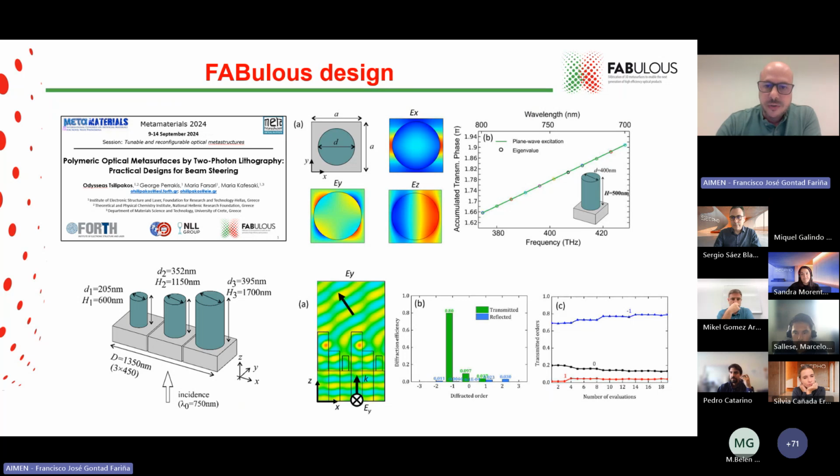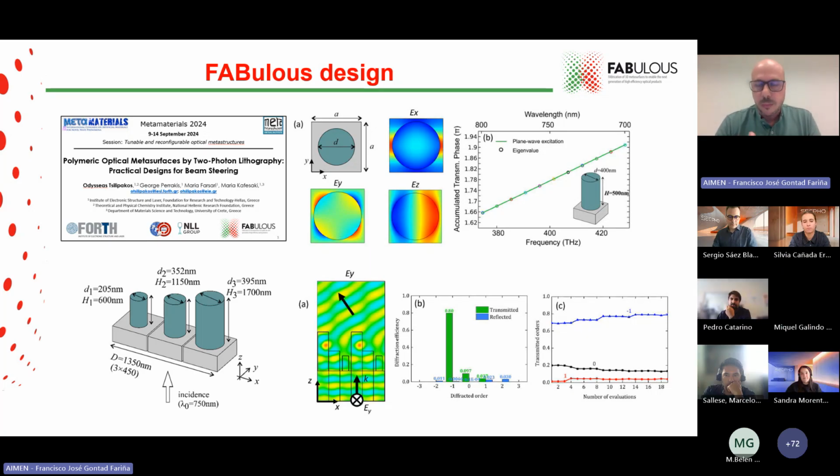So, as I mentioned, we work on the design and on the manufacturing. In order to design the structure, we have to define which meta-atom we are using for the fabrication of the metal surface. The easiest way is to have a small design and build this structure based on accumulating phase propagation of a light wave.